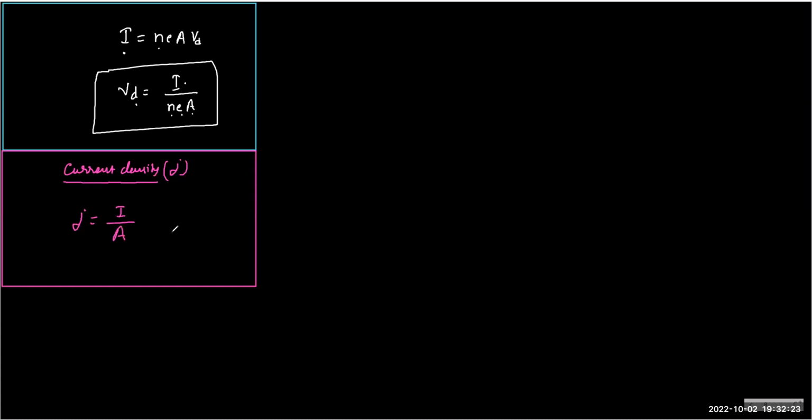And why are we writing this here? Because we are deriving for the cylindrical wire, and there the current was uniformly distributed. If you look at the field lines, when the field lines are uniform, the current will also be uniform, isn't it? That is why the formula is very simple to understand: it's n e.